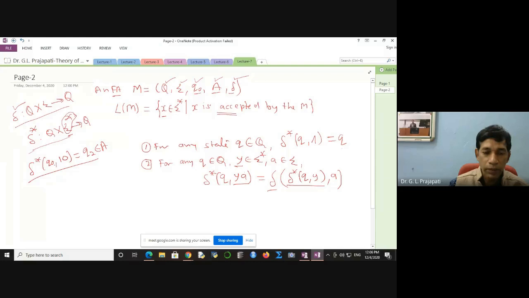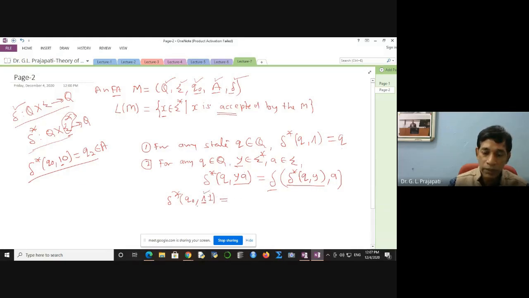Whenever you are at q0 and you supply input 1, then according to the transition of the machine, you have to go accordingly. So delta star of q0 and 1, where 1 can be written as null followed by a. Your recursive definition says that first you need to know where you move on receiving the null string. This is the trivial condition.